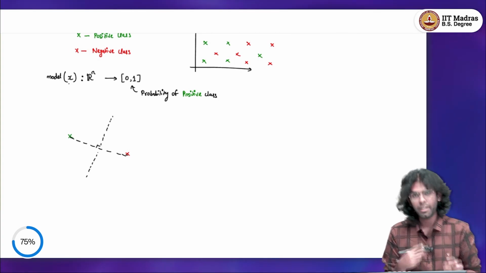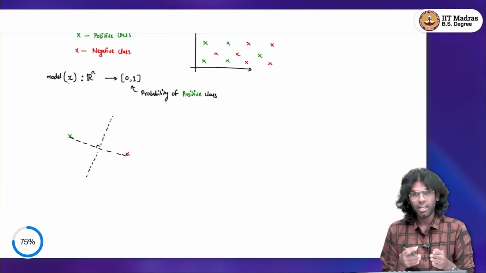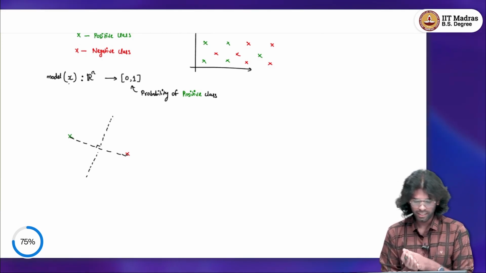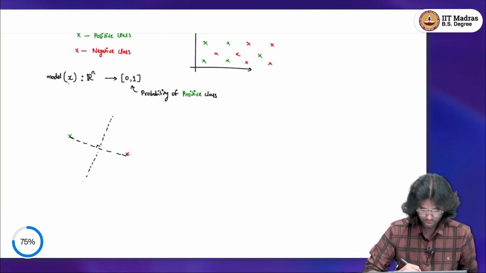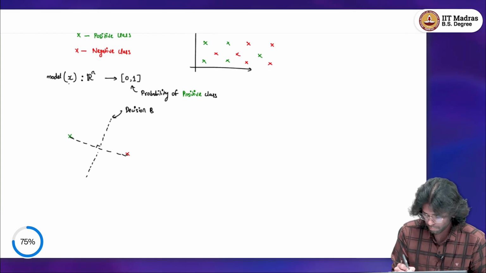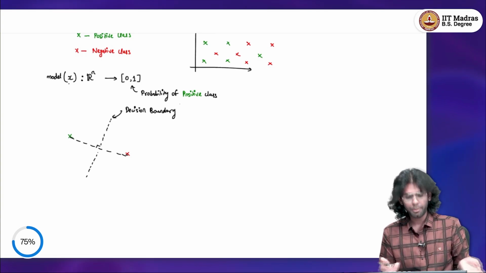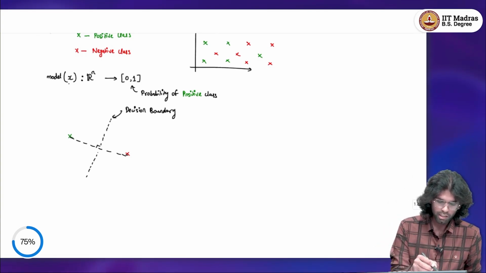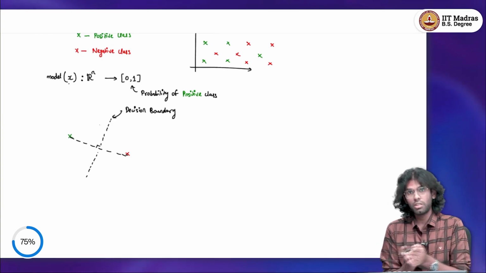So this is just the perpendicular bisector of the line connecting my two points in the data set, and this is our decision boundary. In this setup, if a new test point is incoming, my model will check if the test point is to the right of the decision boundary.